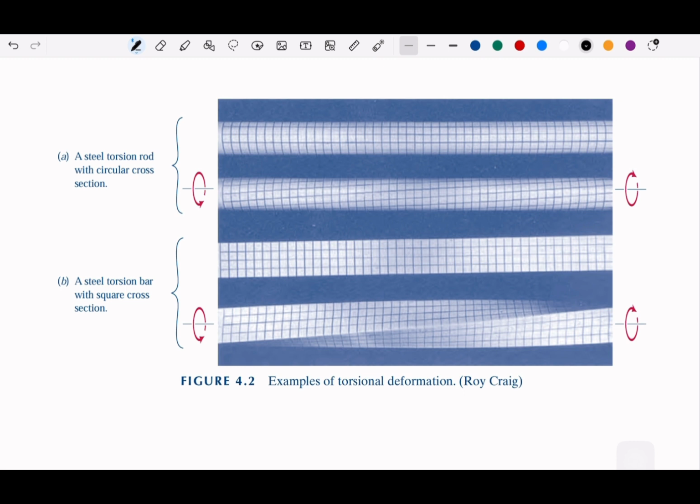We can compare the twisted structure and the original structure, and we see the difference in the angle. We call it the twist angle. The differences are clearer if we have a square cross section. You can see that it's really twisted, but in the circular one, the surface is much smoother.